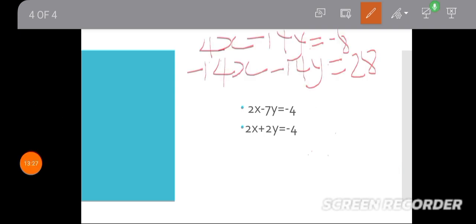So now we're going to solve for x, and here we can see that this is a positive 4x and a negative 14x, right? So that will leave us with a negative 10x.